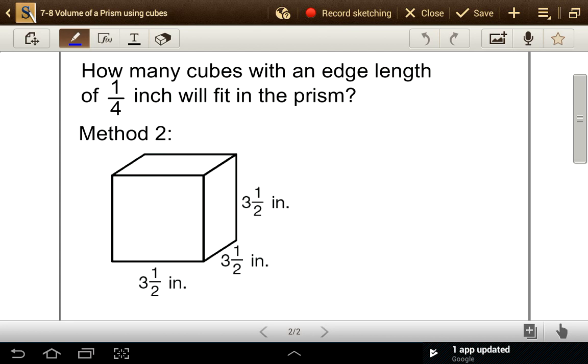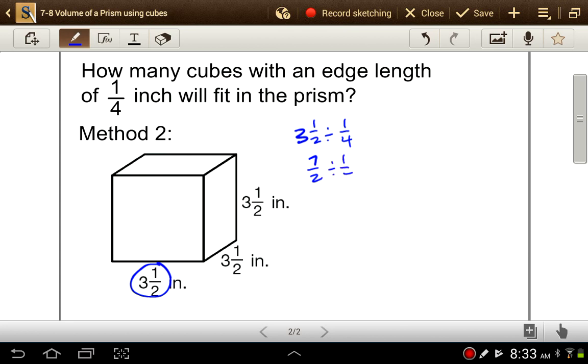So in this example, I am going to take the 3.5 length and divide that by 1/4. I want to see how many cubes I can get in there. So that's going to be 7/2 divided by 1/4, which is 7/2 times 4/1, which is 28/2, which equals 14. So I know that I can fit 14 cubes across the bottom here.